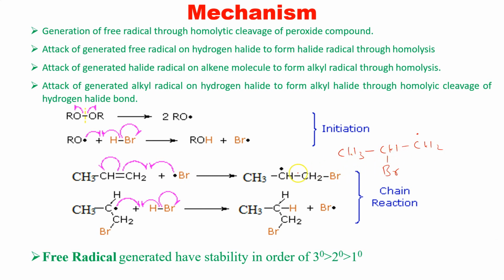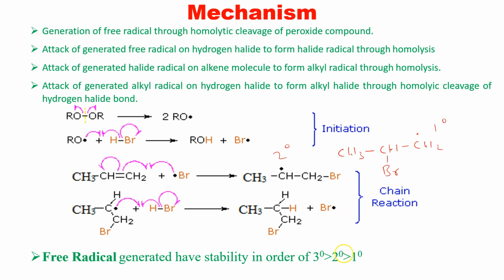See, the difference is in the free radical generated of the alkyl halide: this carbon is a secondary carbon because it has attachment of 2 carbons on the adjacent side, but this carbon is only a primary carbon.